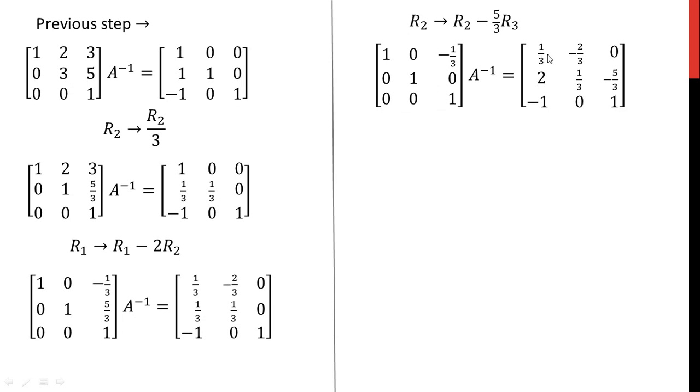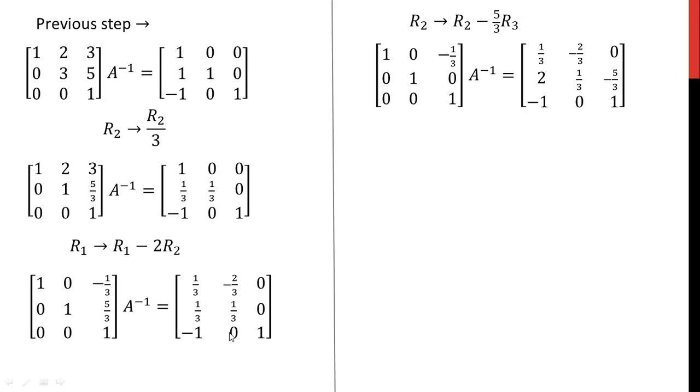Now here in this case, keep first row as it is. Now what about second row? See here, in the second row it is 1 by 3, 1 by 3. Now it is minus 5 by 3 into R3. So minus 5 by 3 into minus 1, that is plus 5 by 3, and this is 1 by 3. So 1 by 3 plus 5 by 3 is 6 by 3. So it gives 2 here. Then 1 by 3 minus 5 by 3 into R3.